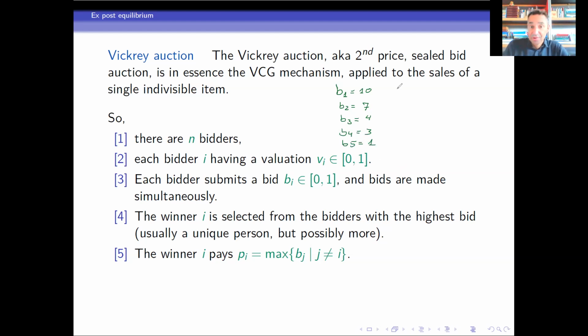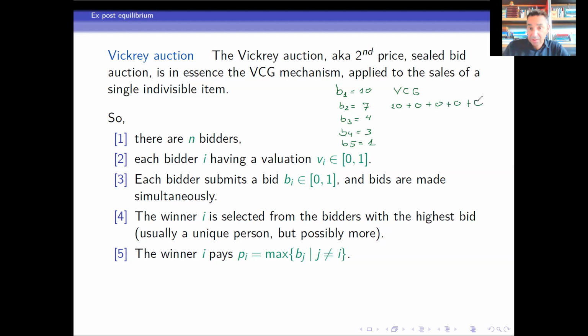Then what does VCG do? Well, it chooses the allocation that maximizes total reported utility. So if you assign it to 1, for example, then what is the total reported utility? Well, it's 10 for bidder 1, plus, yeah, then 4 zeros, right? Because the other ones get nothing.